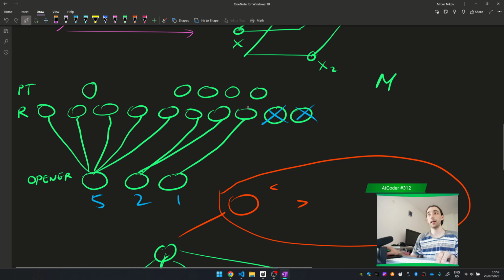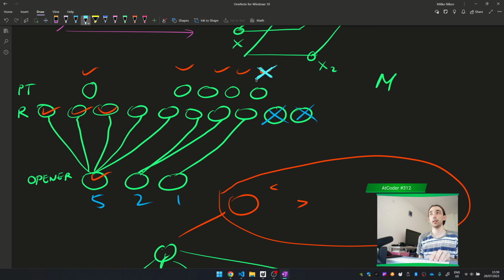But then let's say we succeed in buying some R cans. Let's say I have some limited amount of M, so I buy this. Of course I need to buy this. Let's say I buy like this. Now that I have bought these cans, I can try to see if I can exchange one of the pull tab cans.